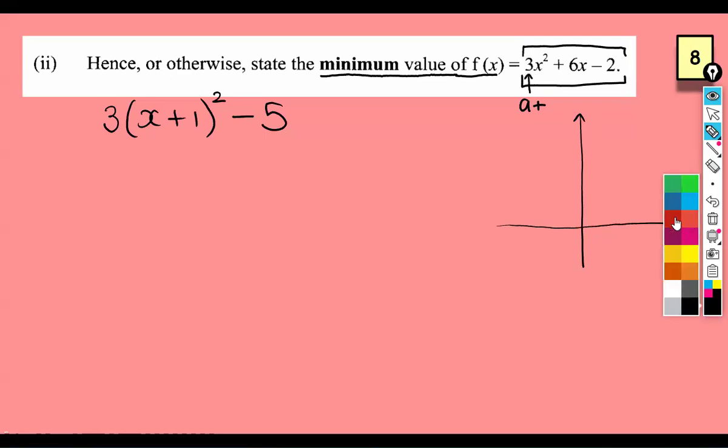So if you were to draw this quadratic on a piece of graph paper, what shape graph would you get? Would you get a smiley face or a sad face? Go back in the notes, don't guess. Whenever A is a positive value, A is positive 3, do you get a smiley face?